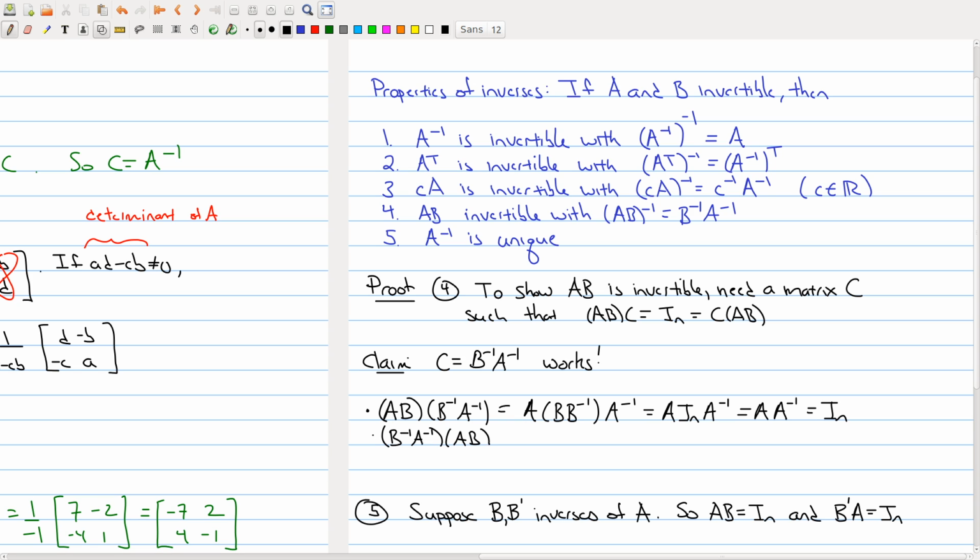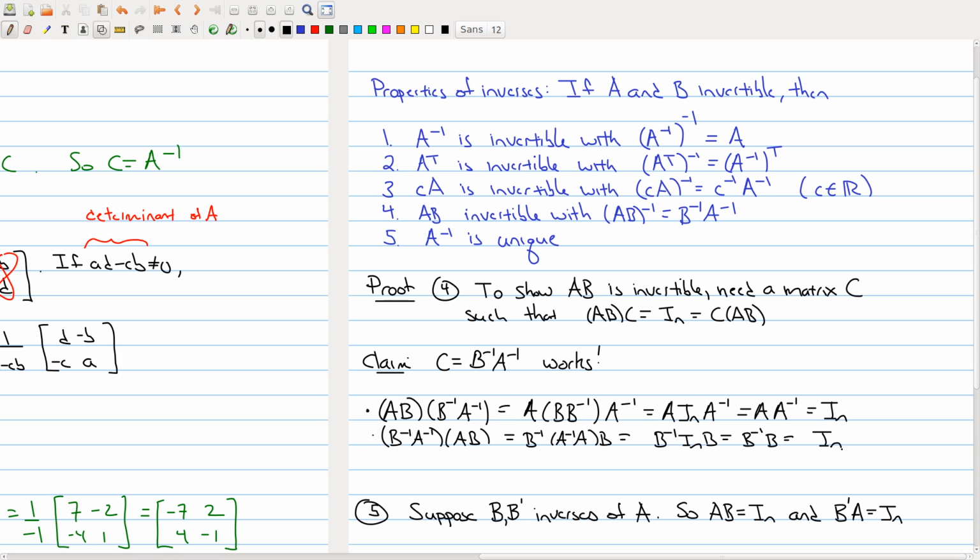We have B inverse A inverse times A times B. We're going to squash the A inverse and the A together, as we do it right here. Once these two are pushed together, they become the identity. Identity times B is just B, and this gives you your identity.